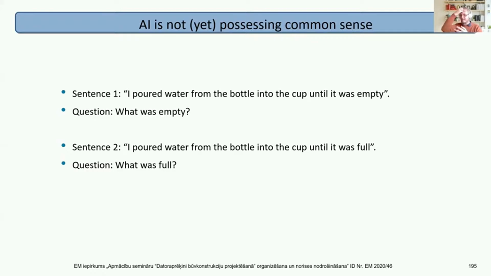These are both ambiguous as to what the subject of the sentence is, but we can work it out because we know what fullness and emptiness and so on is. We have additional knowledge which is difficult to program in without a lifetime's experience.